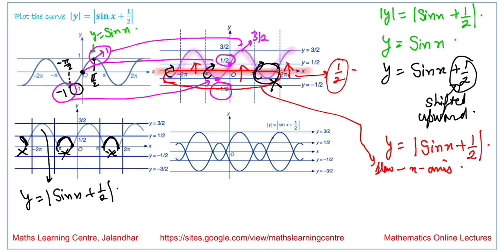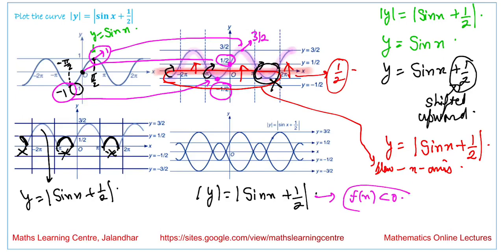Next we have to plot mod of y is equal to mod of sin x plus 1 by 2. Now there are no values for which f(x) is less than 0, so there are no values to be discarded. But we have to take the reflection of this whole graph about the x-axis.